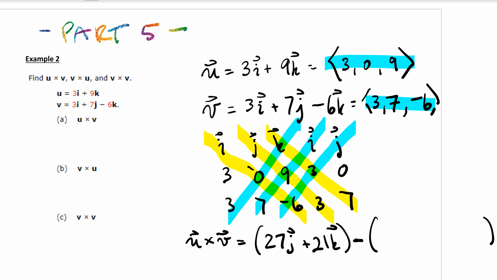And then the terms that come from the bluish diagonals going from upper right to lower left go in the second set of parentheses. The first one of those is 0k, times 0 times 3, so I won't write it. And then we'll have 63i, 9 times 7. And then we'll have negative 18j, negative 6 times 3 times j. Okay?